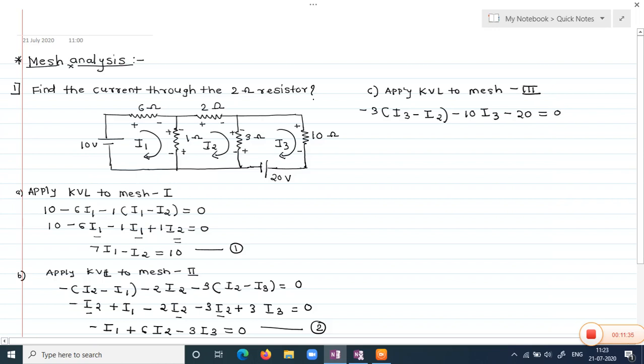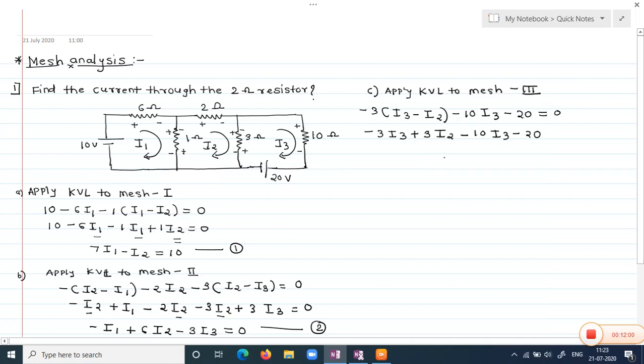You have to simplify this. Minus 3 I3 minus plus means plus 3 I2 minus 10 I3 minus 20.